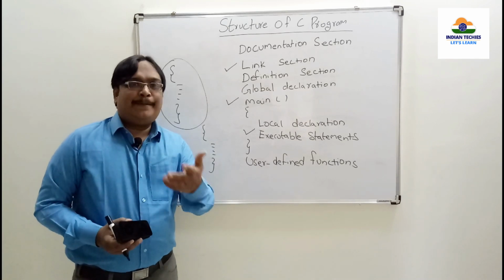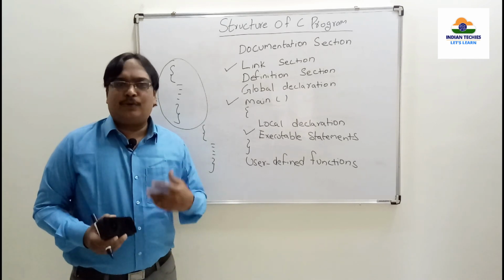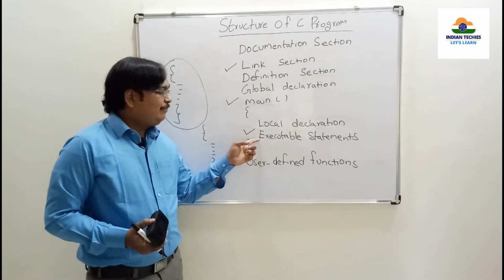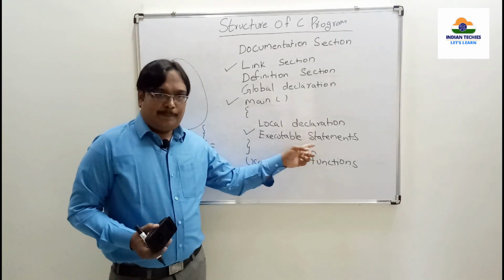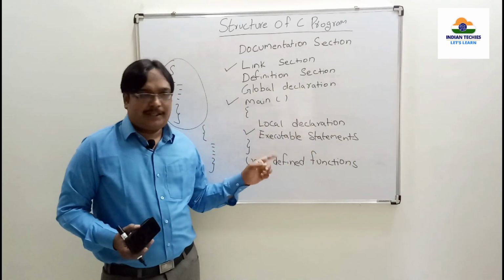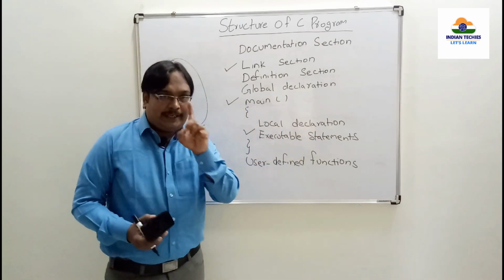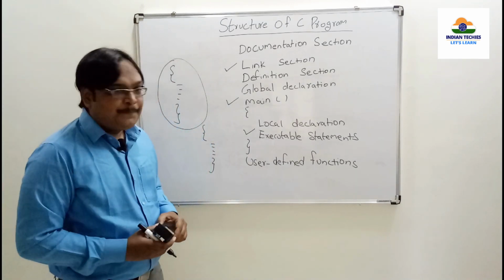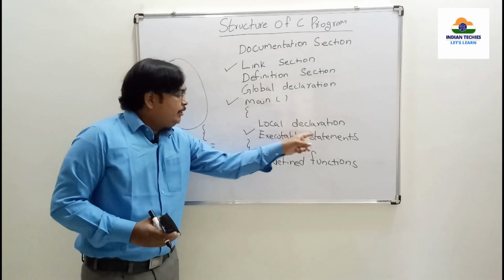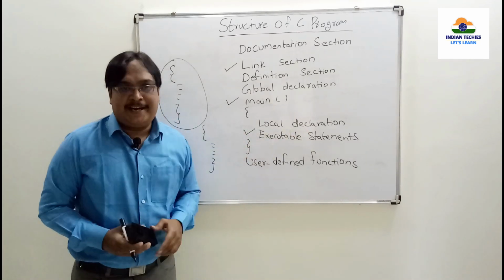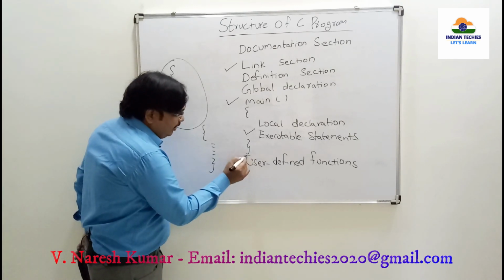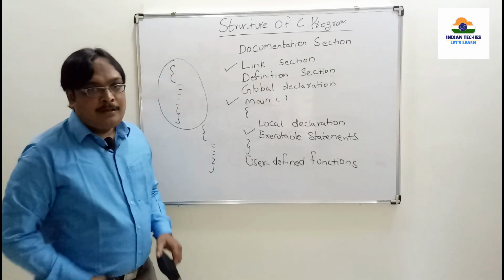Suppose you are not printing anything in the program, then what is the use of writing the program? Compulsorily at least one executable statement, a predefined function mentioned under stdio.h, has to be written. At least one function has to be called. That's why we kept a tick mark, that is executable statements. This is mandatory. Then once it is done, you close the main block.